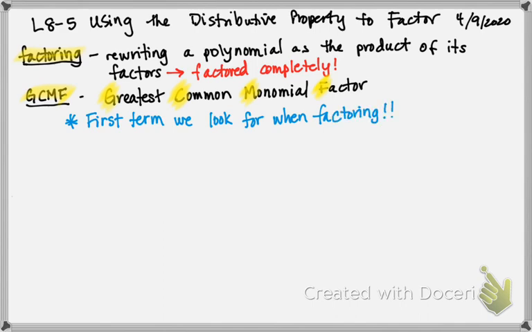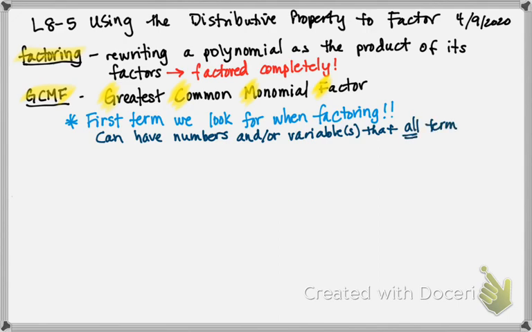Very important we look for that GCMF. So just as a reiteration, it can have numbers and/or variable(s), because it could be more than one variable, that all terms have in common.